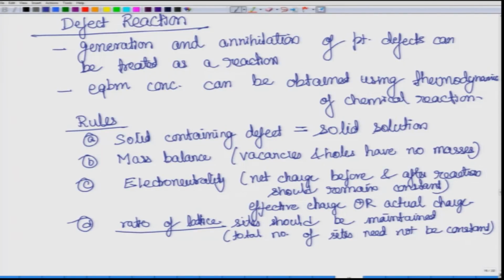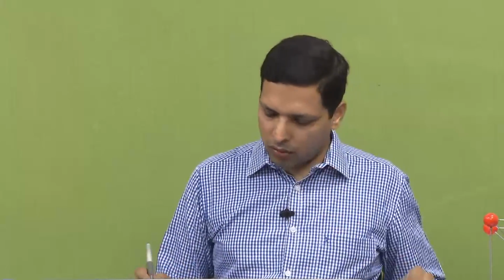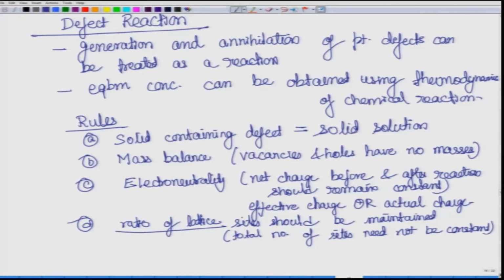So, the ratio would still remain constant, although the number of sites for M and the total number of sites in the system is not constant. Now, like I said, we have to adopt a certain protocol, and one of the nomenclatures that is very effective to use is Kroger-Wink.